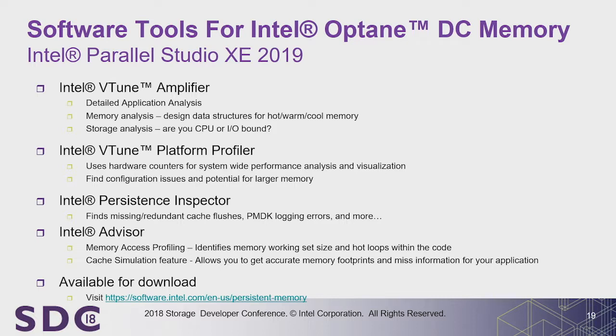All of this stuff's available for download. You can go to the URL at the bottom. For persistent memory, we have tutorials, videos, loads of really cool information about, not necessarily using all of this stuff yet, because that's coming. But Studio 2019 is in beta right now. So we encourage you to go download it, play with it, and ask questions to us.